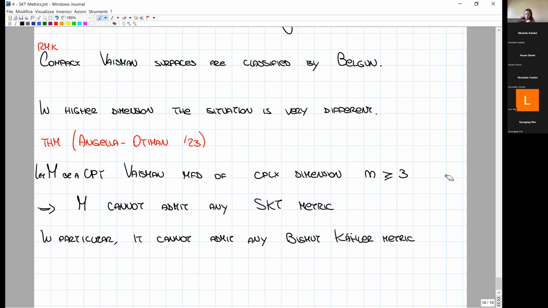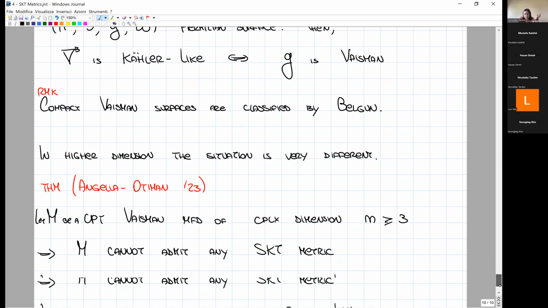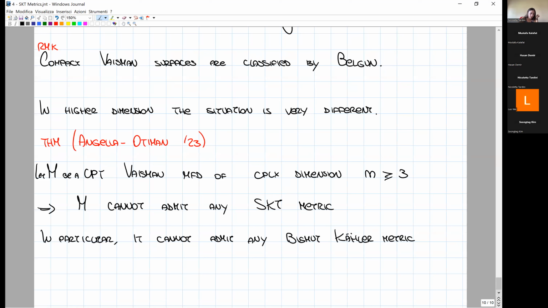We cannot have on a compact complex manifold Vaisman metrics and SKT metrics if we are in dimension equal or bigger than 3. But on surfaces, Vaisman metrics are trivially SKT because on surfaces, the SKT condition is the Gauduchon condition, okay? And Vaisman metrics are always Gauduchon.